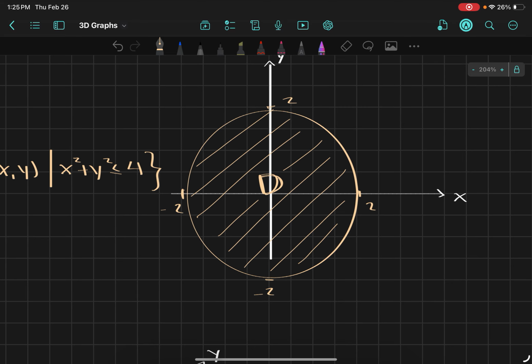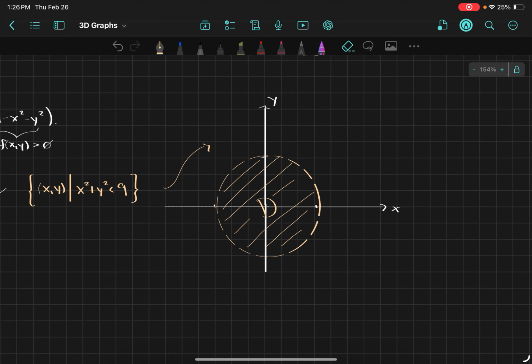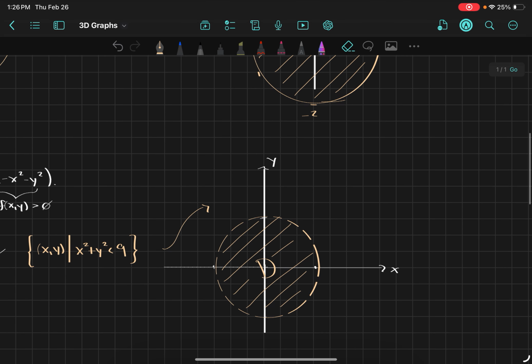Therefore, the domain includes this radius right here, the boundary of this circle, whereas on this natural log function, it does not include the boundary of this circle, making it only within that circle is the domain defined. So essentially what this is, it's an open boundary. Okay, so the square root domain is closed, whereas the domain for this one is open.